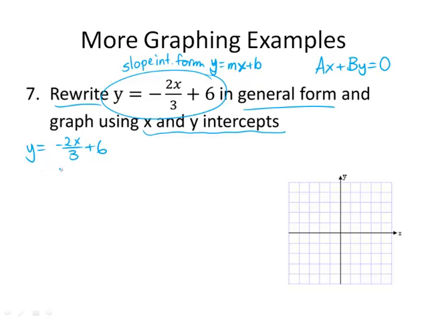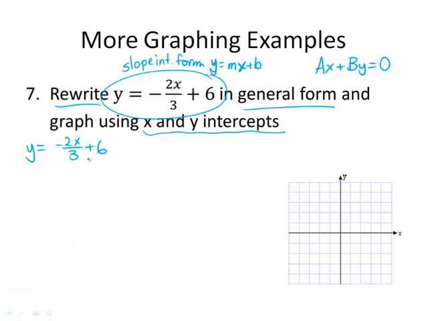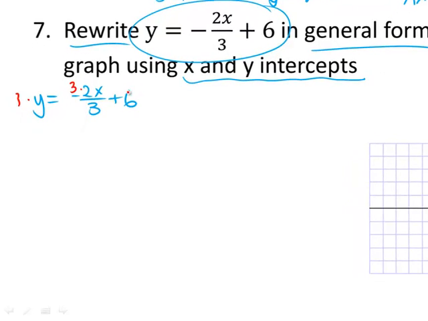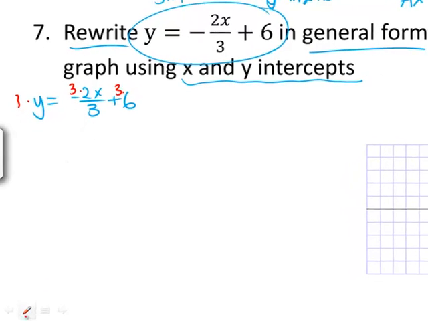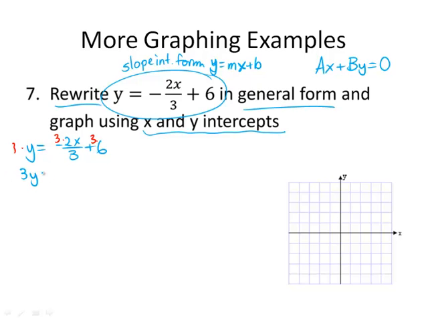So let's get everything over to the left. First we want to get rid of this fraction. So multiply everything by 3, which gives us 3y equals negative 2x plus 18.